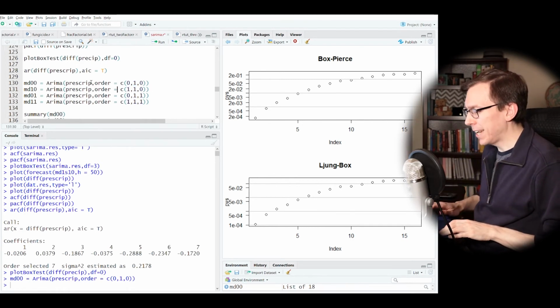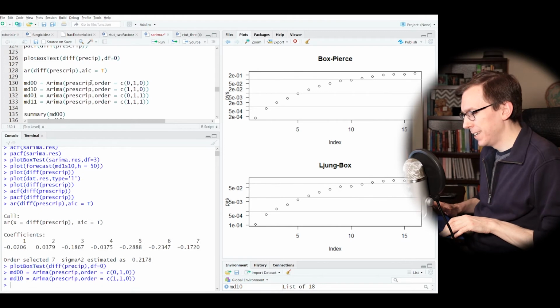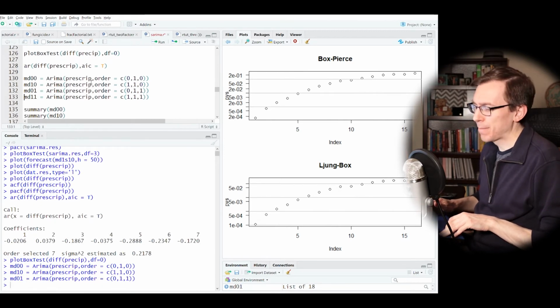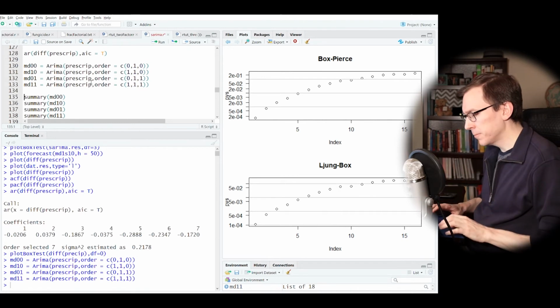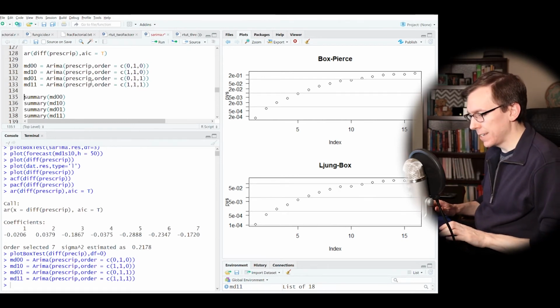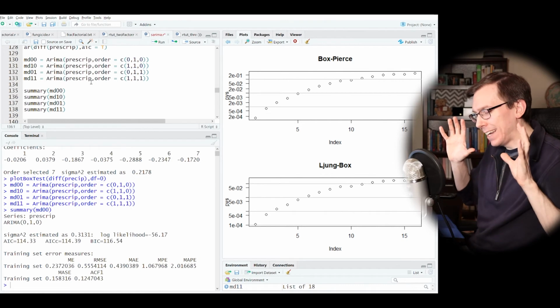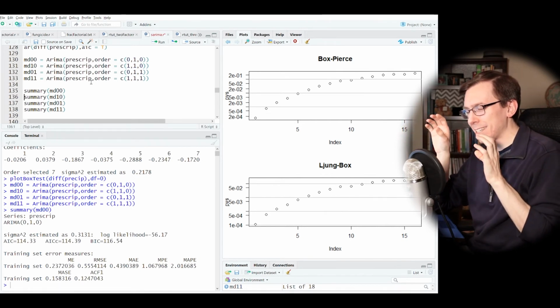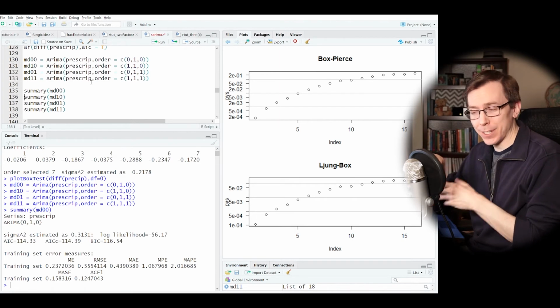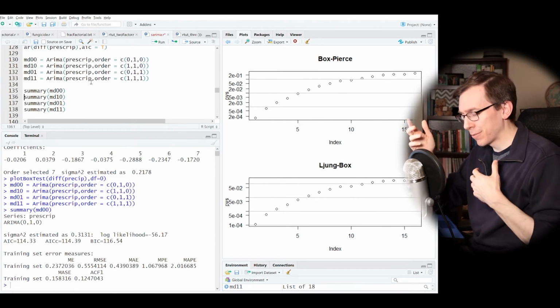In this case, we have the AR1 with a first difference, the MA1 with a first difference, and the ARMA11 again with a first difference. So let's stare at these and look at AICs. Now, the AICs here are not comparable to the ones we did before because these are for a different time series. So remember that we're doing something a little different here.